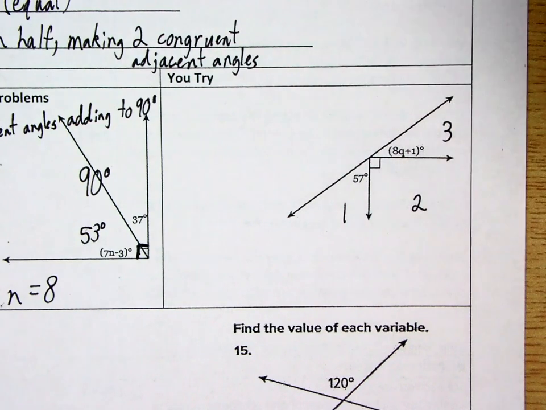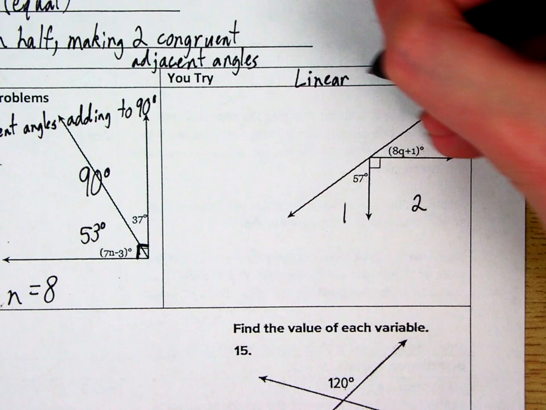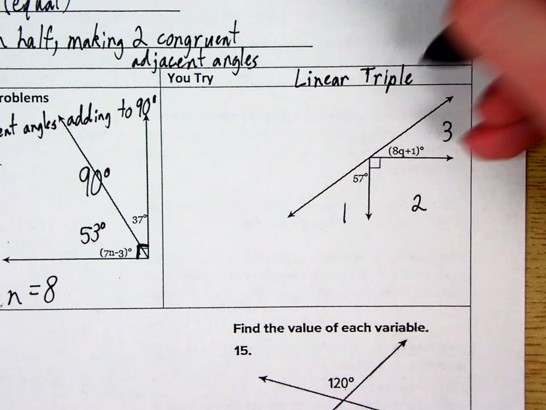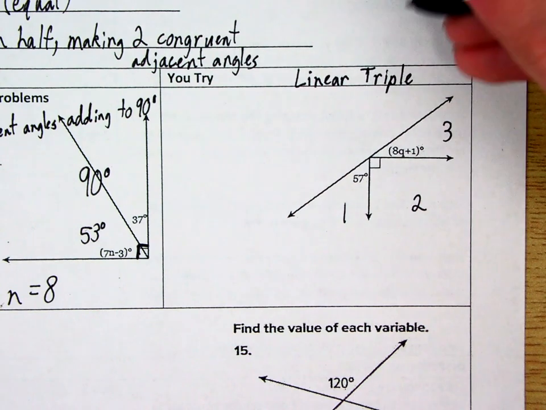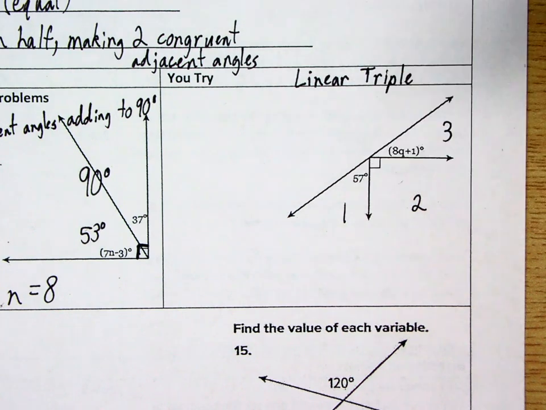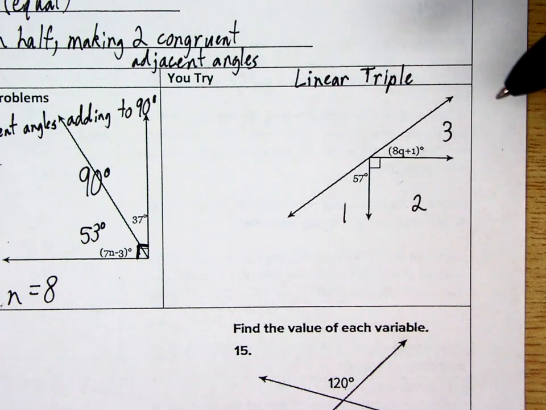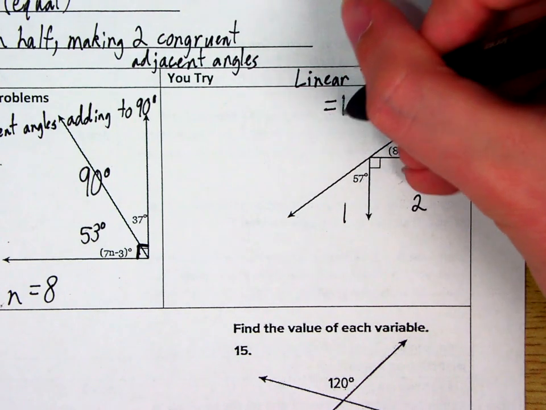We could give this a fancy name. We could call it a linear triple, because instead of a pair, it's a group of three. We could say it's adjacent angles, three adjacent angles. Whatever we wish to decide, we can see it's making a straight line, so it's adding to equal 180.